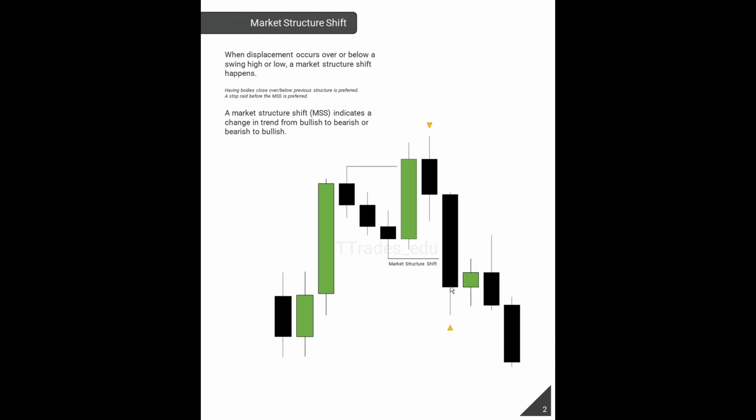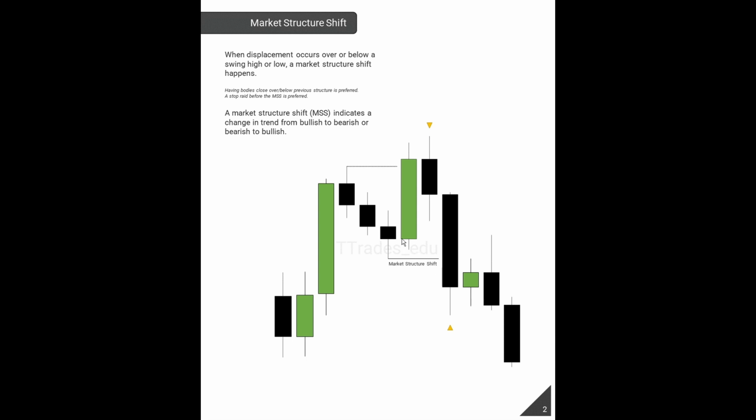Displacement, that is the key thing. A lot of these gurus try to complicate it, but it's really simple. Displacement is what will decide if it's a market structure shift or if it's a liquidity sweep.